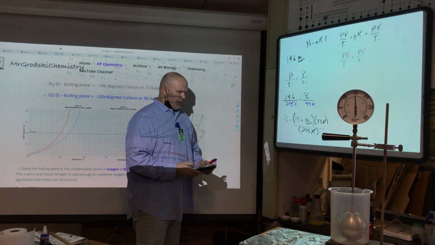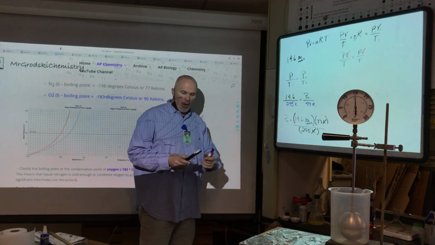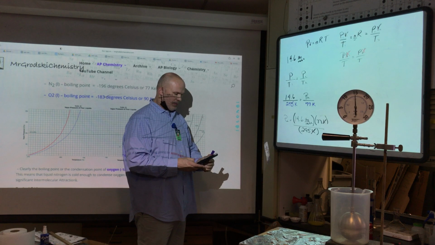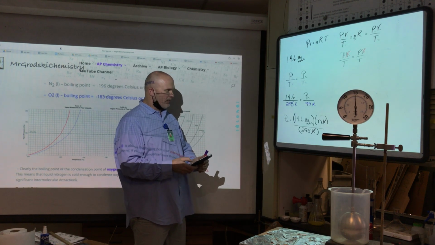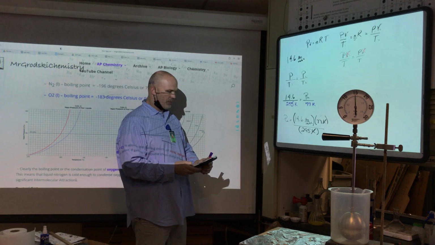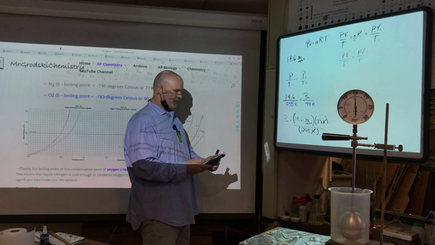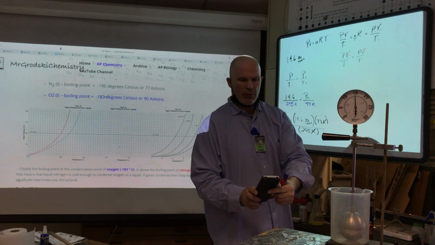Again, this is a derivation from the ideal gas law, so this is a number assuming the gases are behaving ideally. 14.6 times 77, and then I divide by 295. What I get is 3.81.